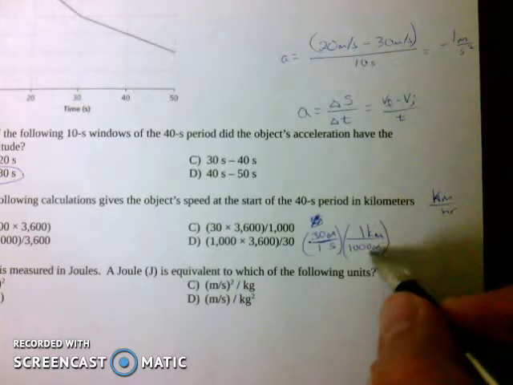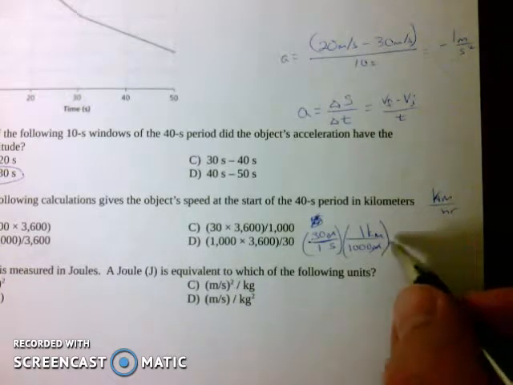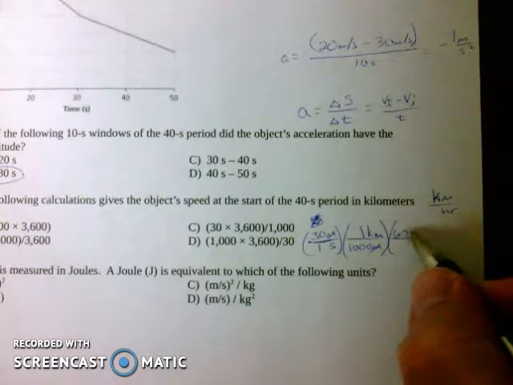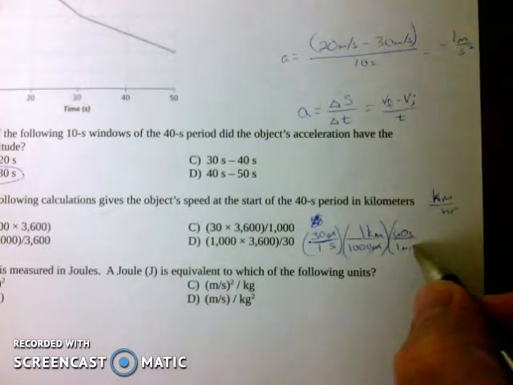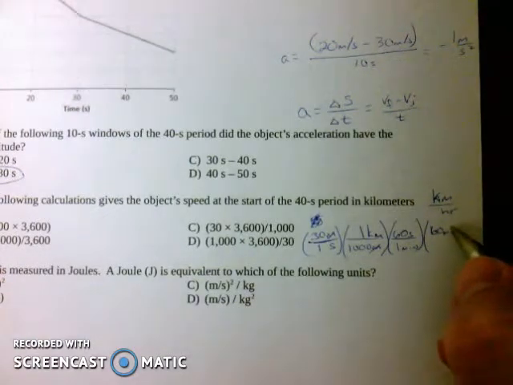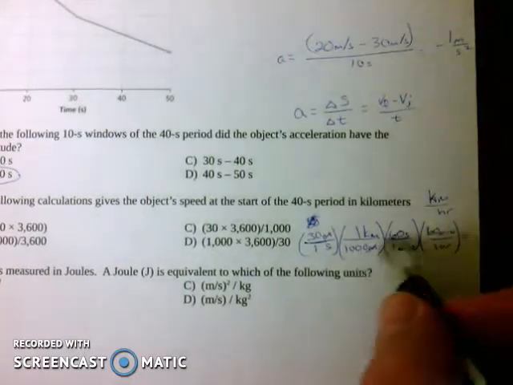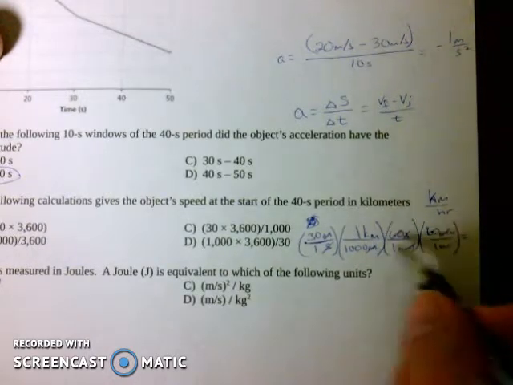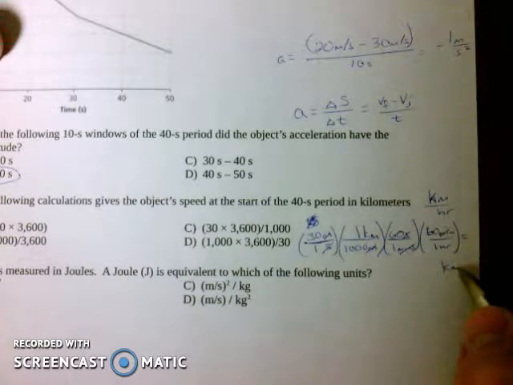My meters cancel out, and now I have kilometers over seconds, but I want kilometers per hour. So 60 seconds is 1 minute, and 60 minutes is 1 hour. My seconds cancel and my minutes cancel. Now I get kilometers over hour.